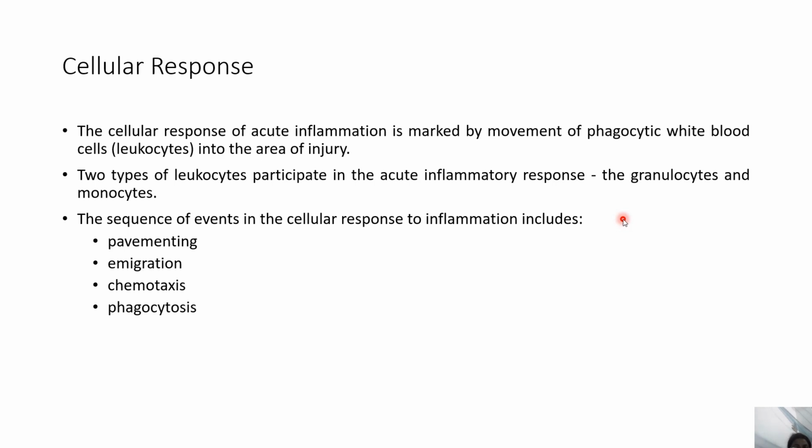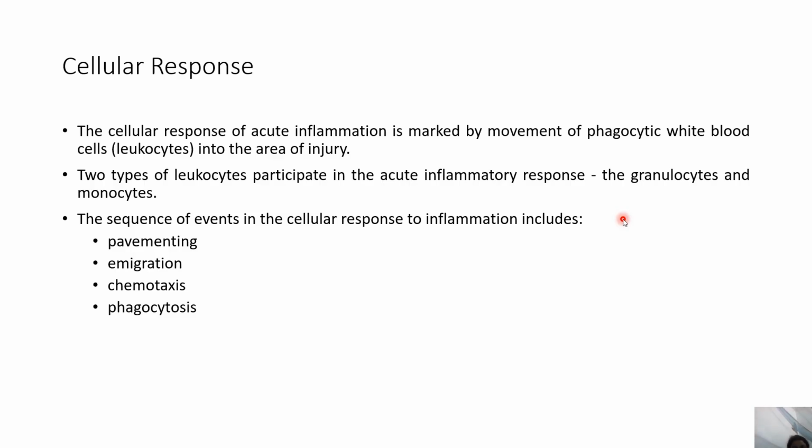Now if you see the cellular response to this acute inflammation, it is marked by the movement of phagocytic white blood cells into the area of injury. Two types of leukocytes participate in this acute inflammatory response, the granulocytes and the monocytes.